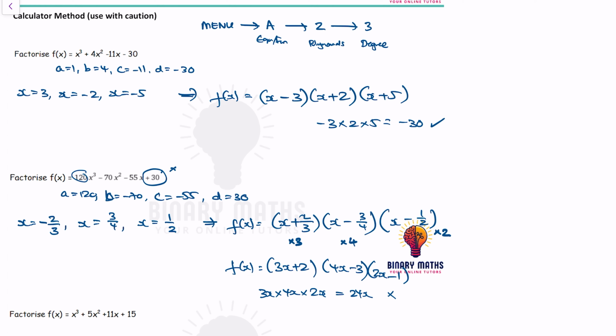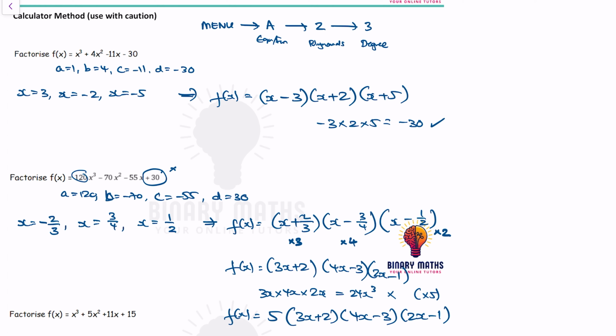What do I need to do? I need to multiply this by 5, because I want 120x cubed. 24 times 5 gives me 120x cubed. So that means f of x must actually be 5 lots of 3x plus 2 times 4x minus 3 times 2x minus 1.